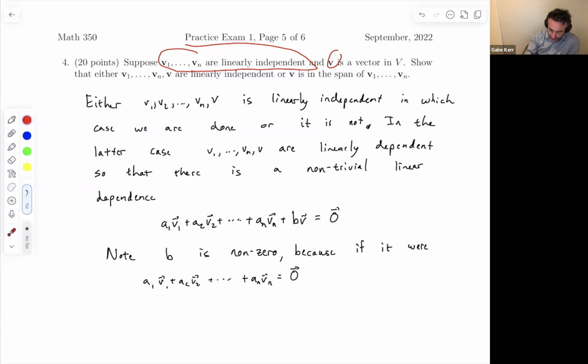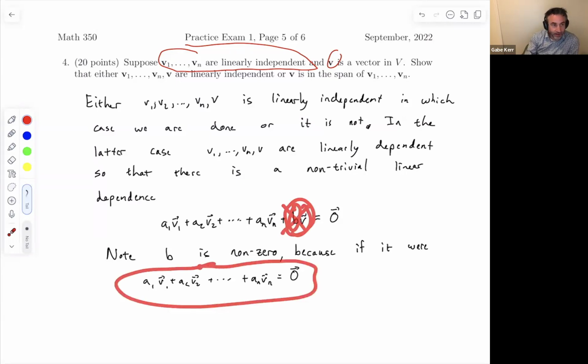If this guy is 0, then this whole term is 0, and we're left with this relation. But we know this is non-trivial, so this would have to be non-trivial.